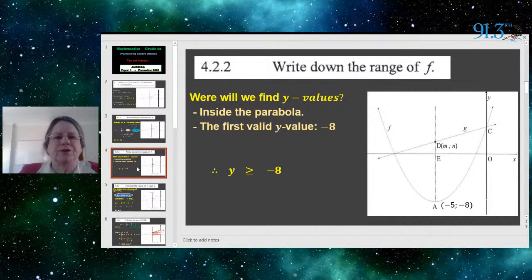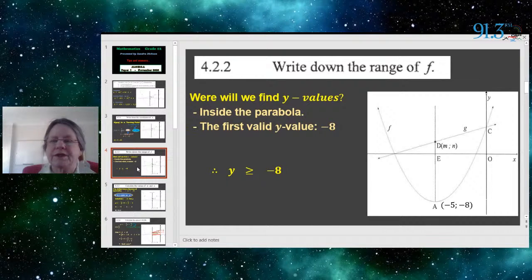Question 4.2.2. Now they want the range of f. Now, the companion word for range is domain. So we need to know what is a domain and what is a range. Domain deals with your x values.